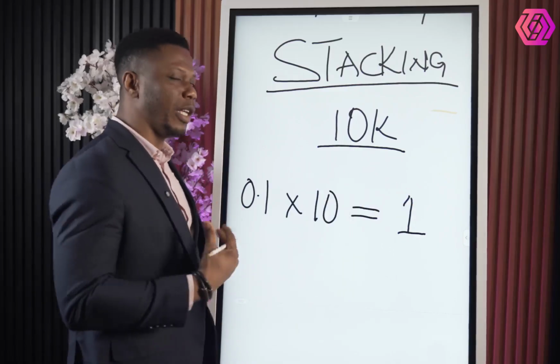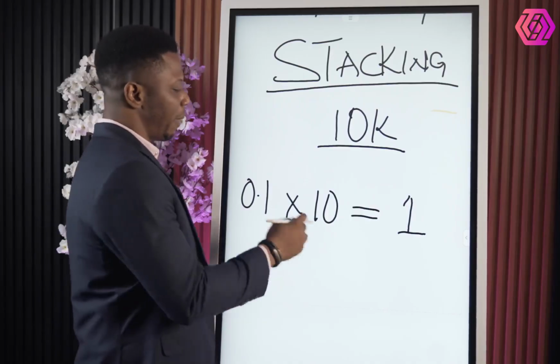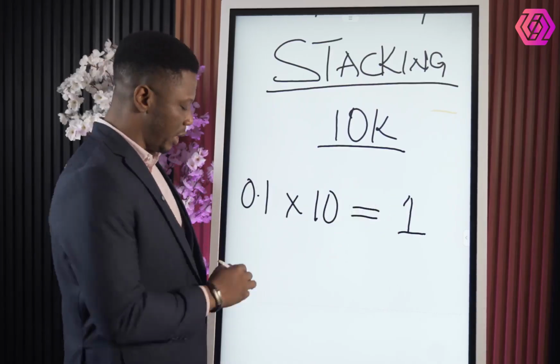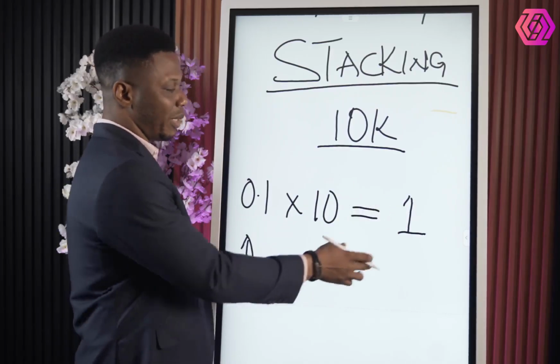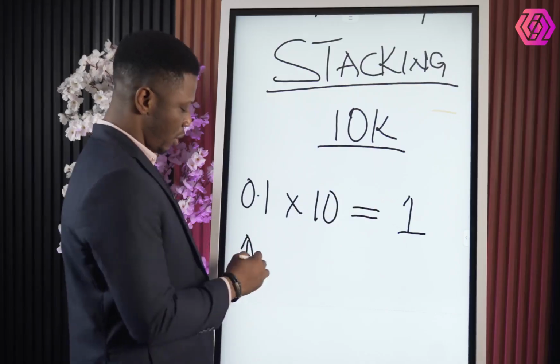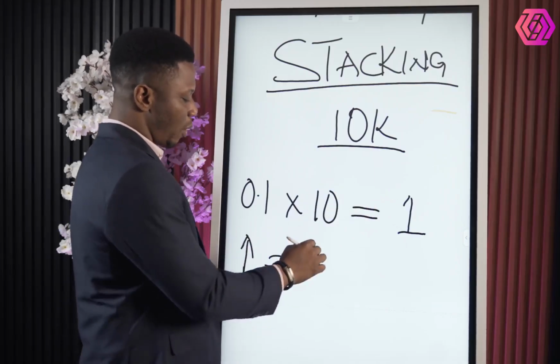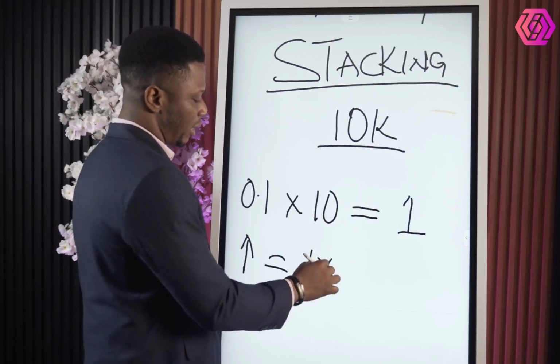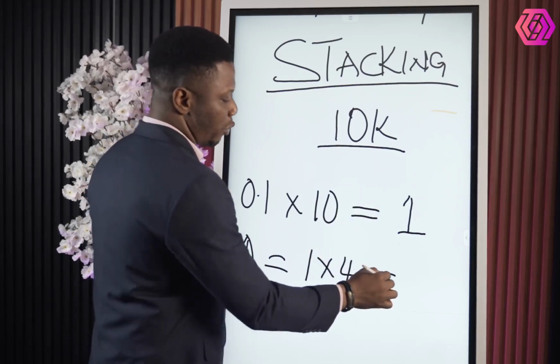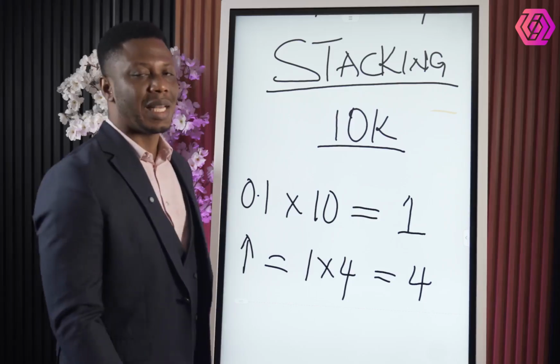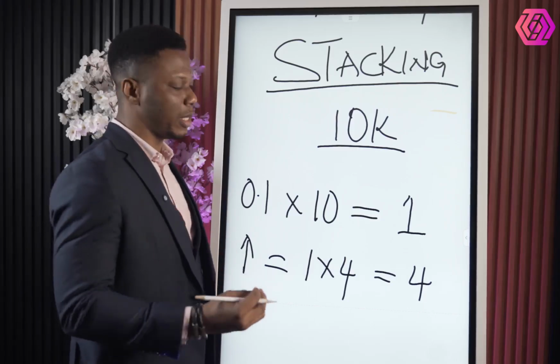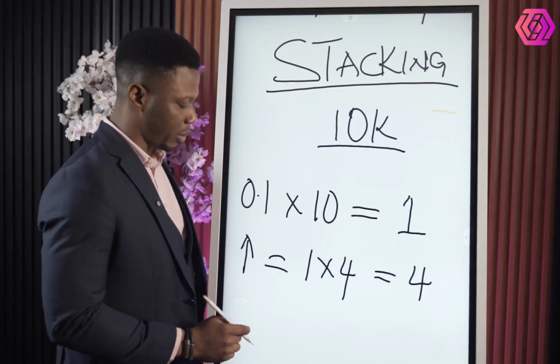It means that applying the consistency rule, the maximum lot size you can take on this account is going to be the starting lot size times 4. In this regard, we have 1 standard times 4, which will give you 4 standard lot size. This is the highest lot size you can use on this account.